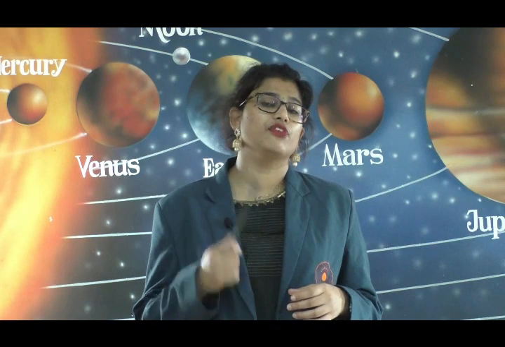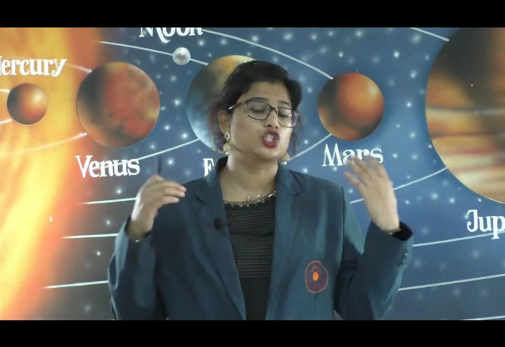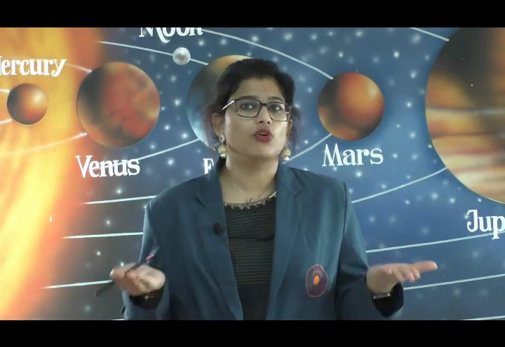Plants also depend upon animals for pollination and seed dispersal. Birds, monkeys, squirrels, they depend on trees and plants for shelter and food. Thus, we can tell we are strongly interdependent on each other for our survival.